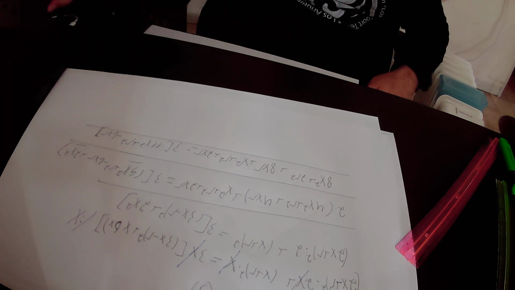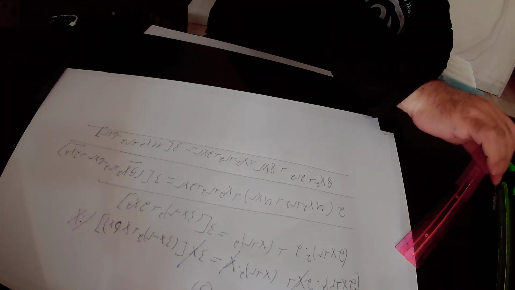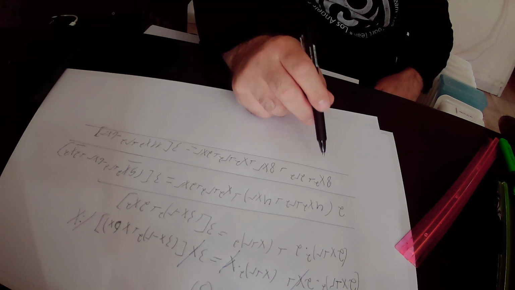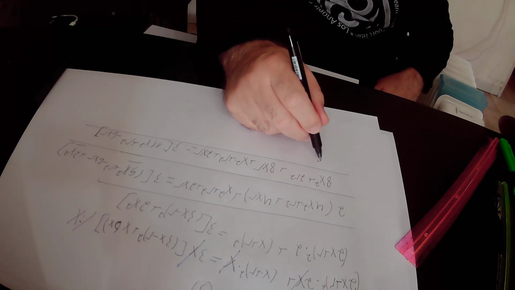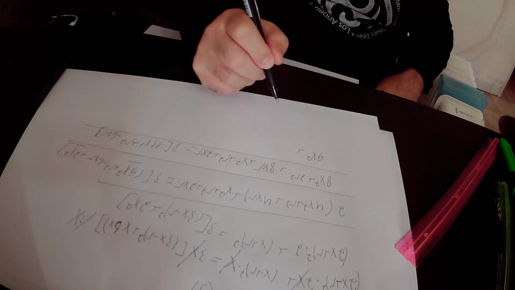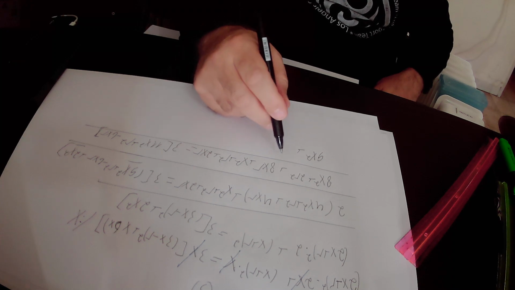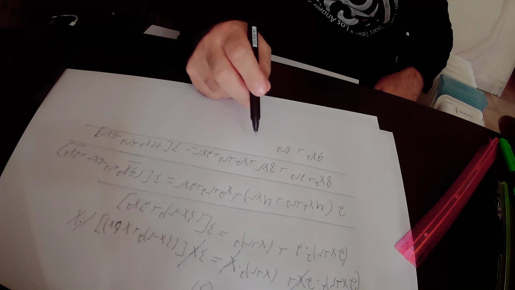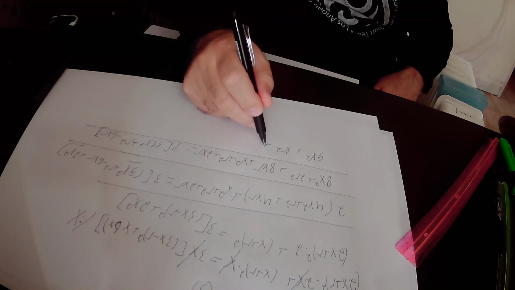On the other side of the equation we have 8xr plus 8x squared plus x squared is 9x squared, plus 2r squared plus r squared is 3r squared, and 8xr plus 2xr is 10xr.